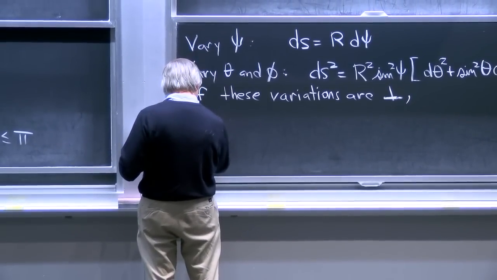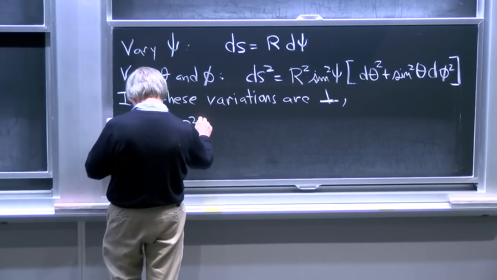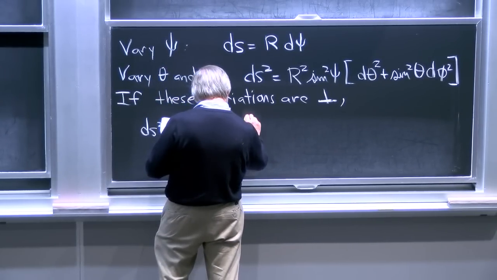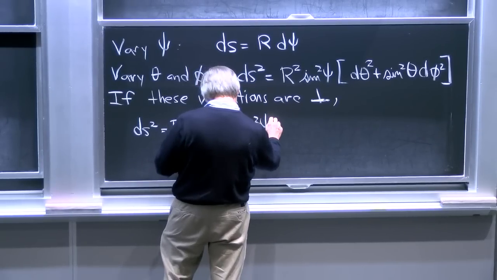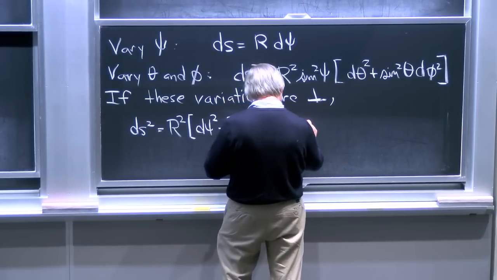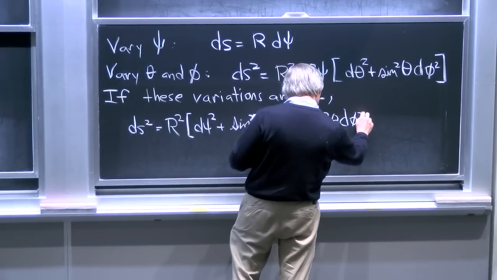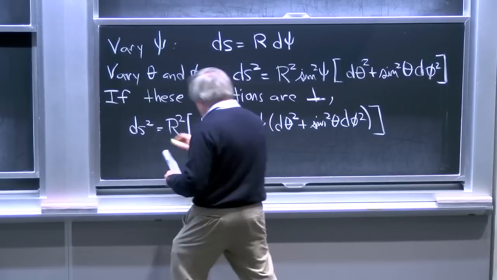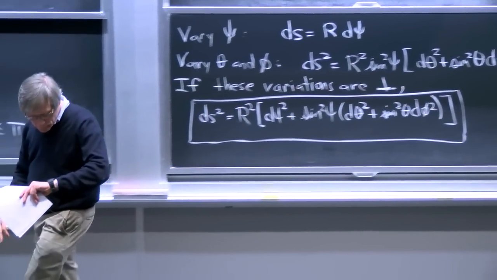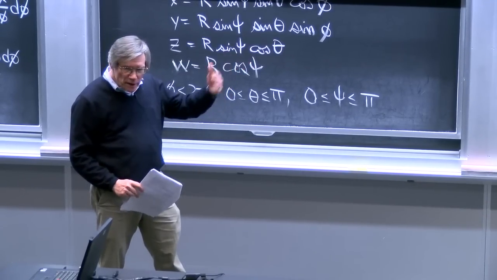So what we get for our final answer is ds squared is an overall factor of r squared times d psi squared plus sine squared psi times d theta squared plus sine squared theta d phi squared. Okay, just added the sum of the squares.